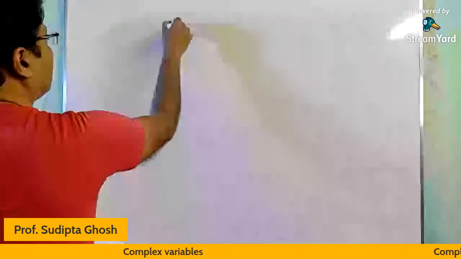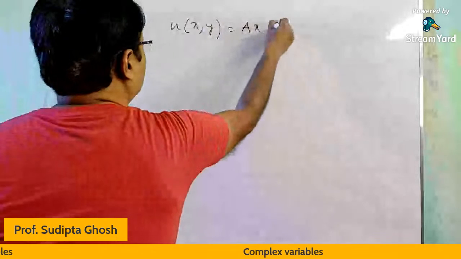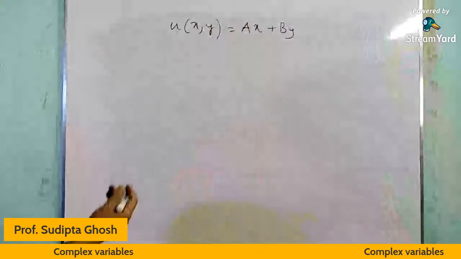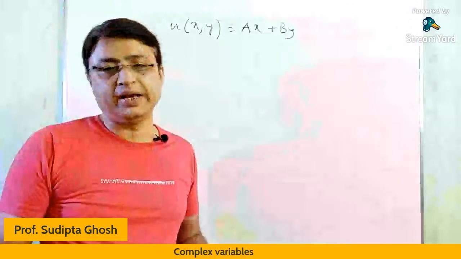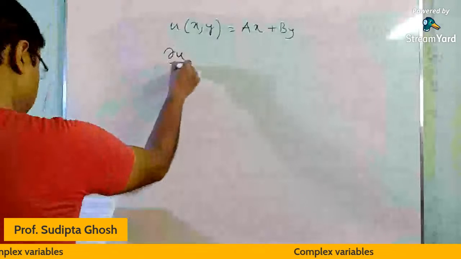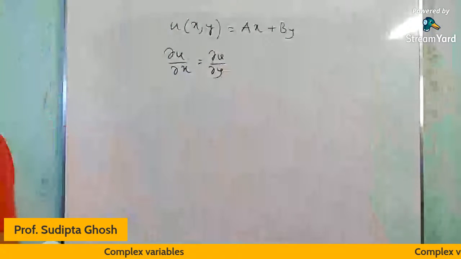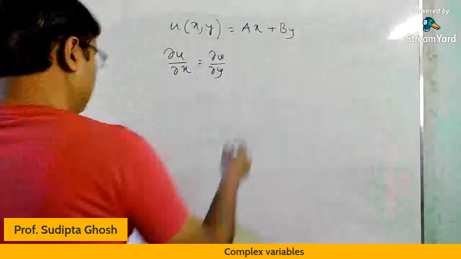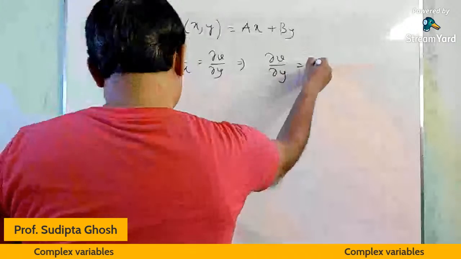In the problem, u(x,y) equals ax plus by. The Cauchy-Riemann equation says del u del x equals del v del y. Now del u del x means a, so from this we get del v del y equals a.